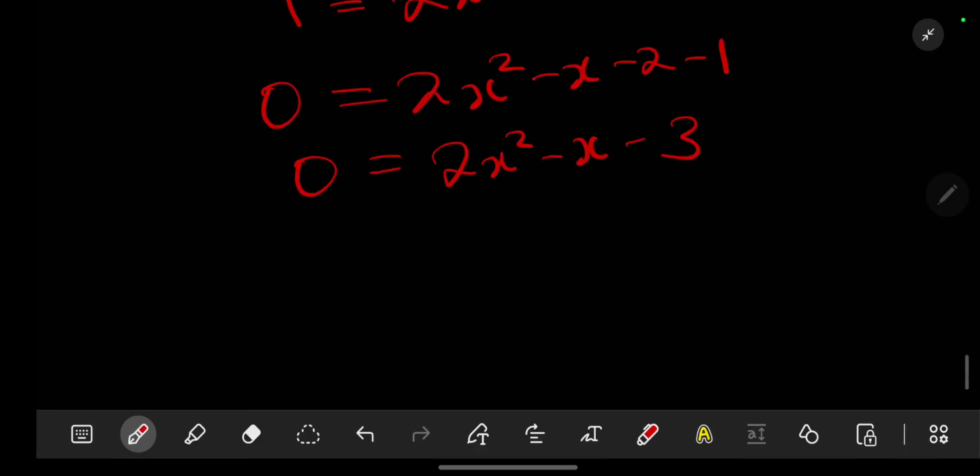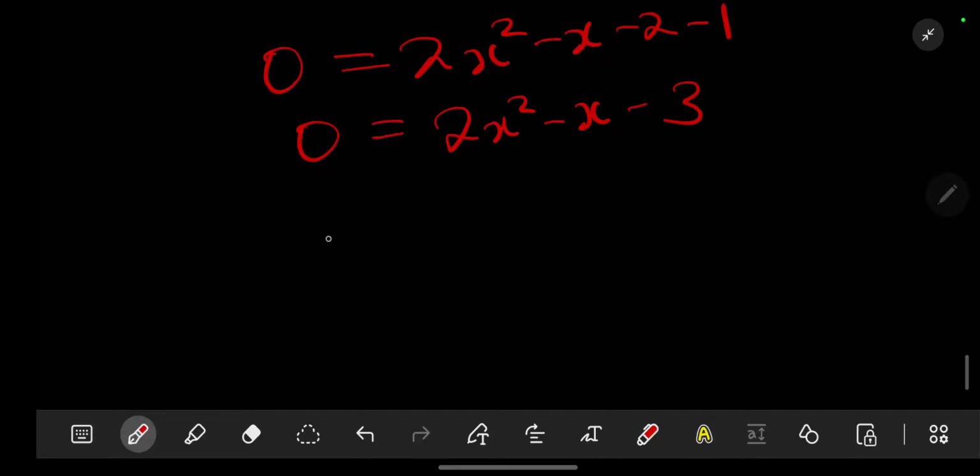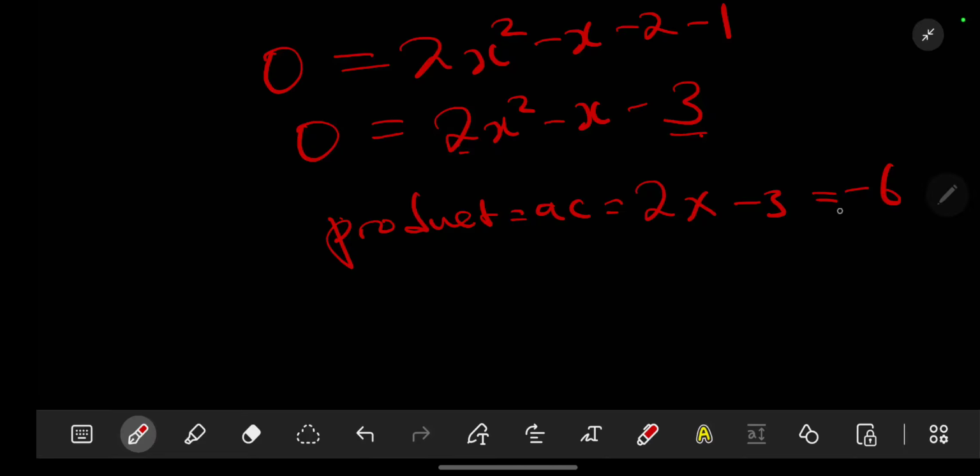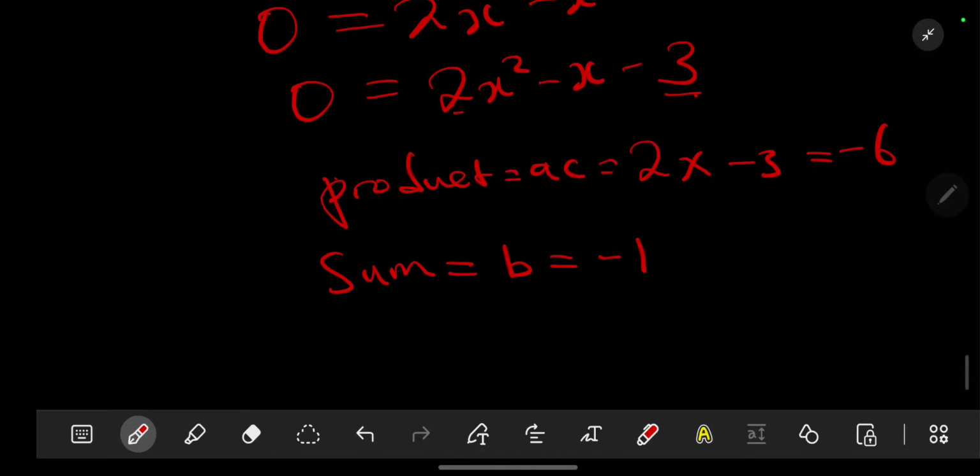So factorizing, we have the product, which is equal to AC, where our A is 2 times our C, which is this coefficient, negative 3, giving negative 6. The sum should be equal to B, which is our negative 1, like that.